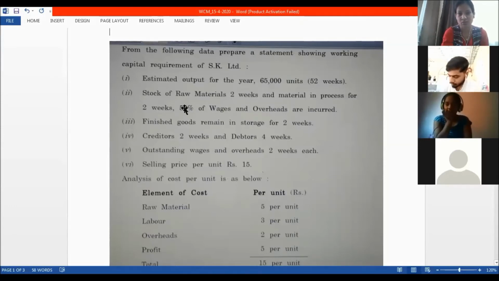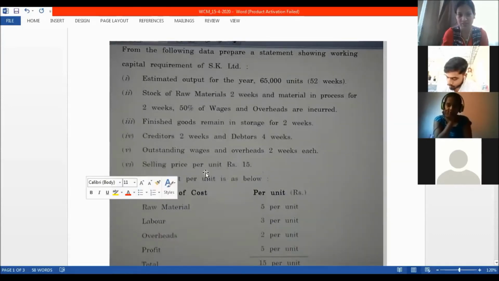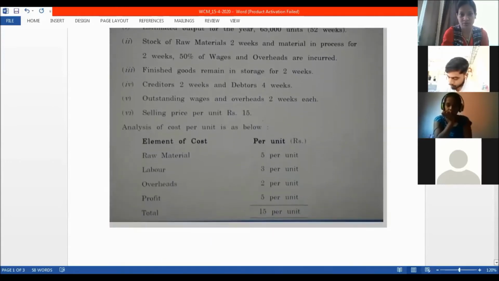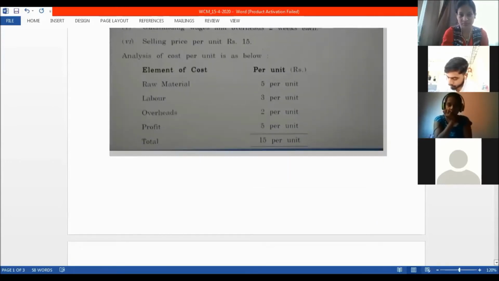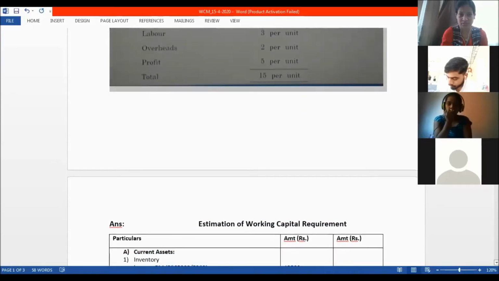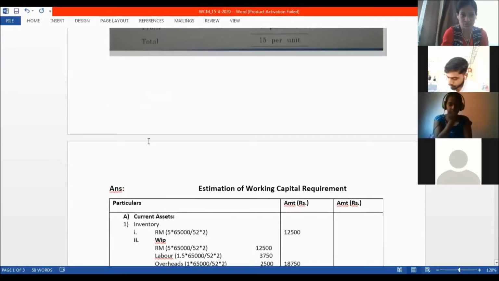What does it mean? 50% wages, 50% overheads. They haven't specified about raw material. We'll consider 100% raw material is in process. Okay. So raw material cost is 5 per unit. Okay. Labor cost is 3 per unit. Okay, I'll just show you here.